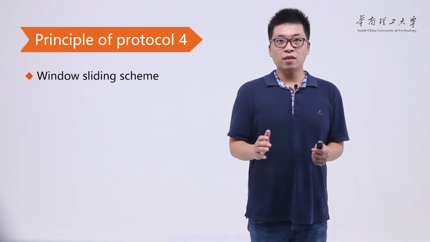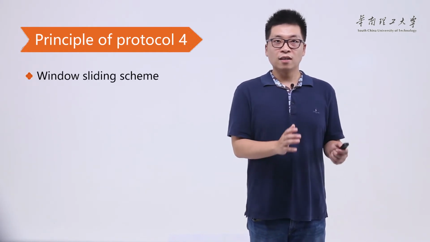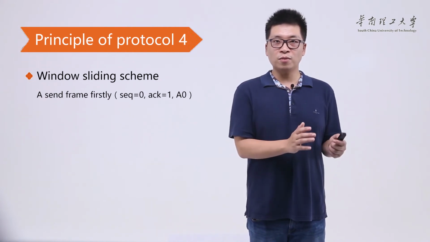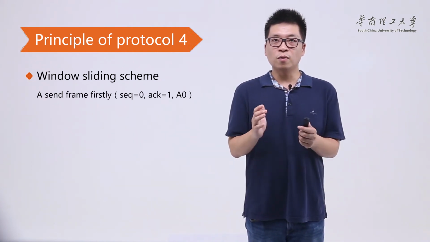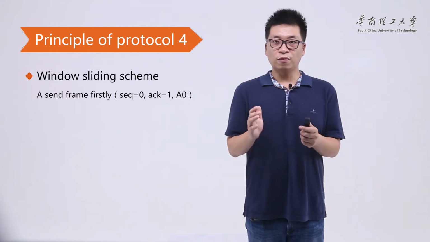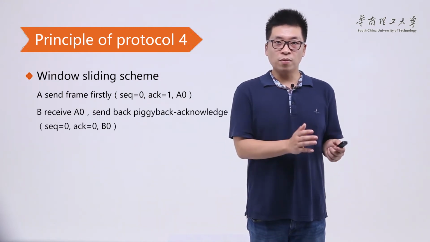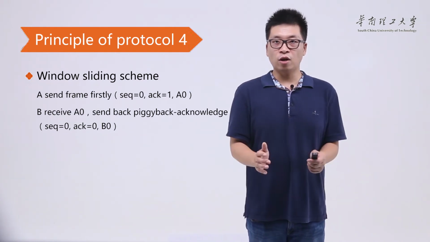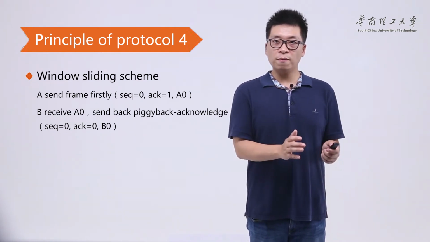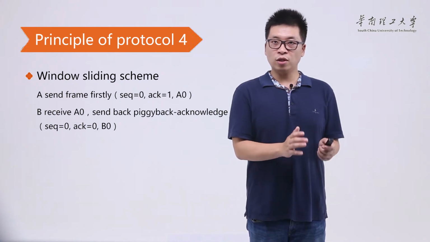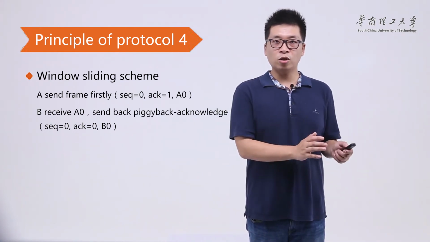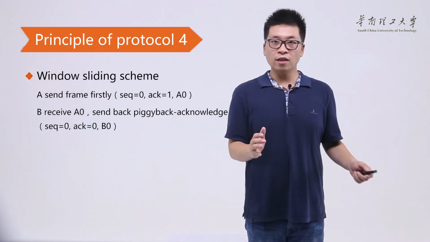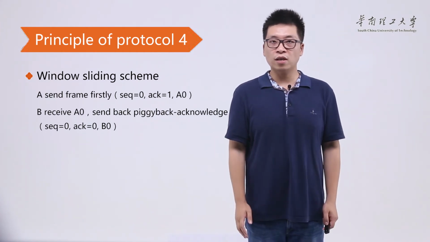The window sliding scheme works like that. A sends a frame first with sequence number 0, acknowledgement number 1. That is frame A0. When B receives A0, B sends back a piggybacking acknowledgement. So that's frame B0 with sequence number 0 and acknowledgement number 0, because B wants to acknowledge that A0 has been successfully received.